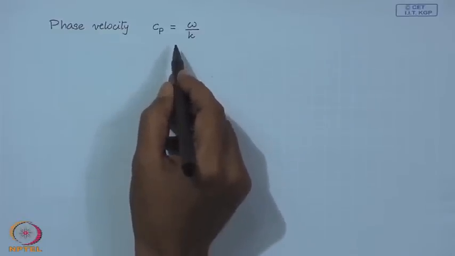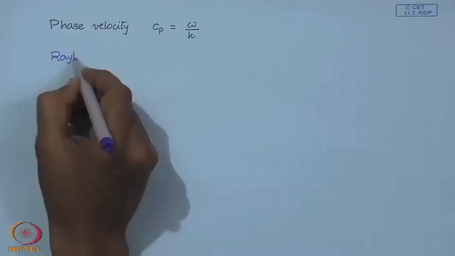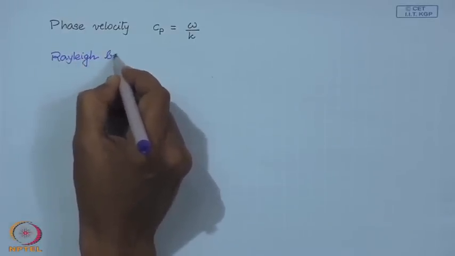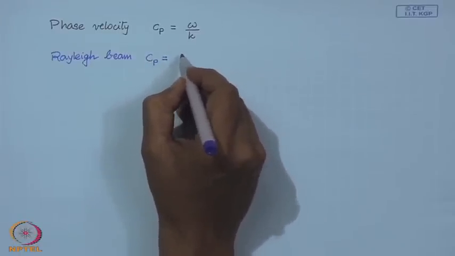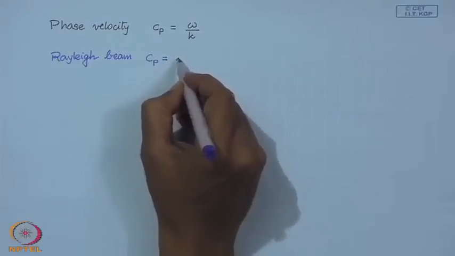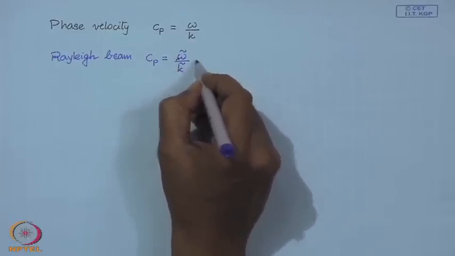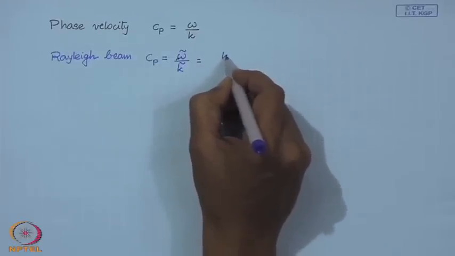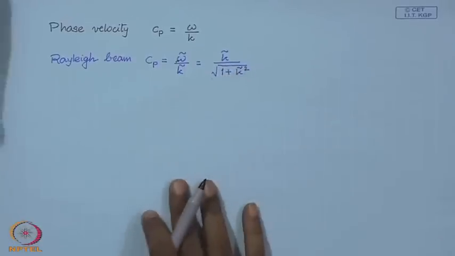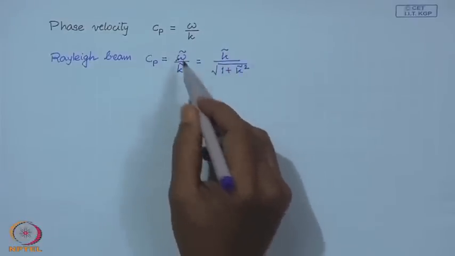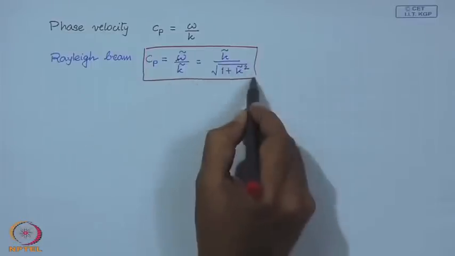Now, if we calculate the phase speed in a Rayleigh beam, for example, so if you use the expression of omega tilde and find out this ratio, then we have the phase speed.